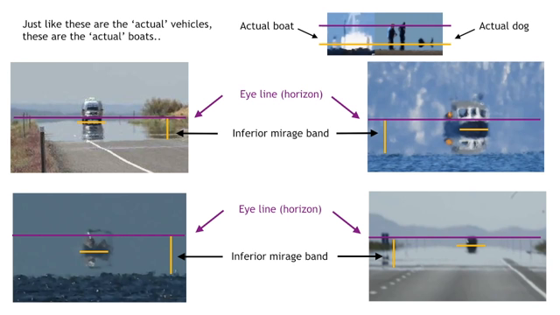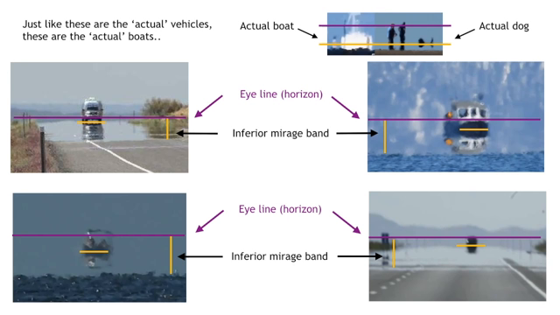And you can see the bottom of the inferior mirage where it intersects the camper, where it starts to invert. That's just, again, a false horizon line. That's just the inferior reflection point of that object.